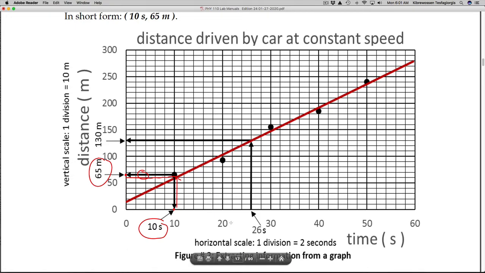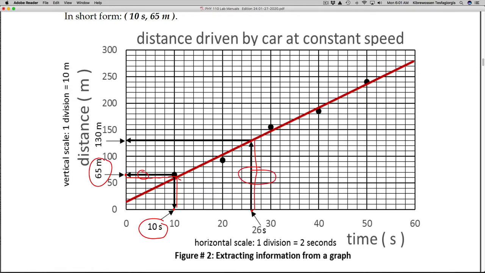There is also a similar kind of example here. If someone asks you what is the distance covered by the car after 26 seconds, then you will first meet 26 seconds on the time axis, in this particular case the horizontal axis. Then from there you draw a vertical line until you cross the trend line.